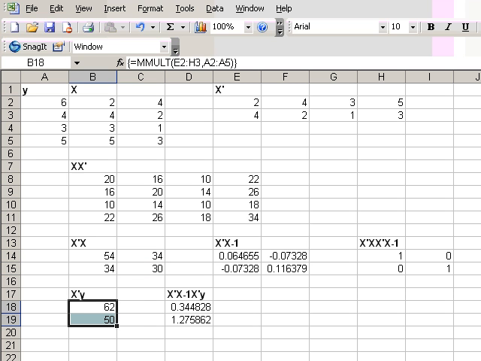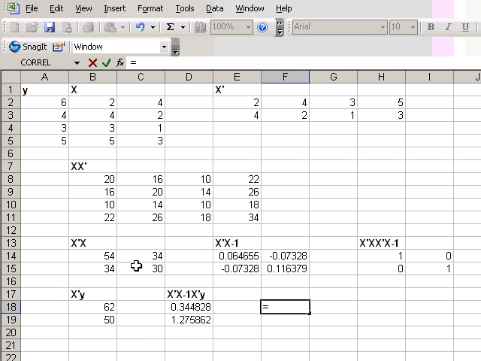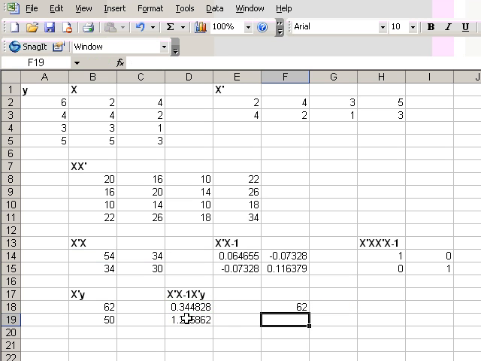values. Let's look at what I'm saying. If I say that 54 times 0.34 plus 34 times 1.27, I will get the result 62.